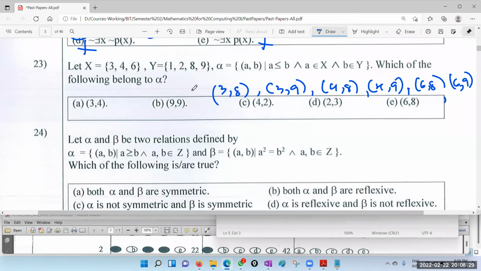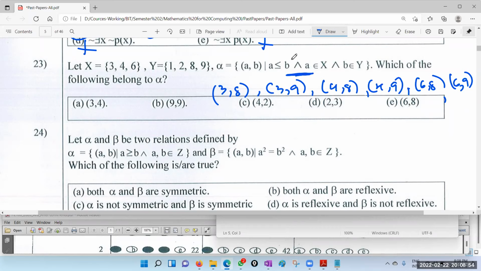So intersection A. A is less than or equal to B, and A is a member of X, and B is a member of Y. What do you mean by intersection A? Do you interpret it like this?